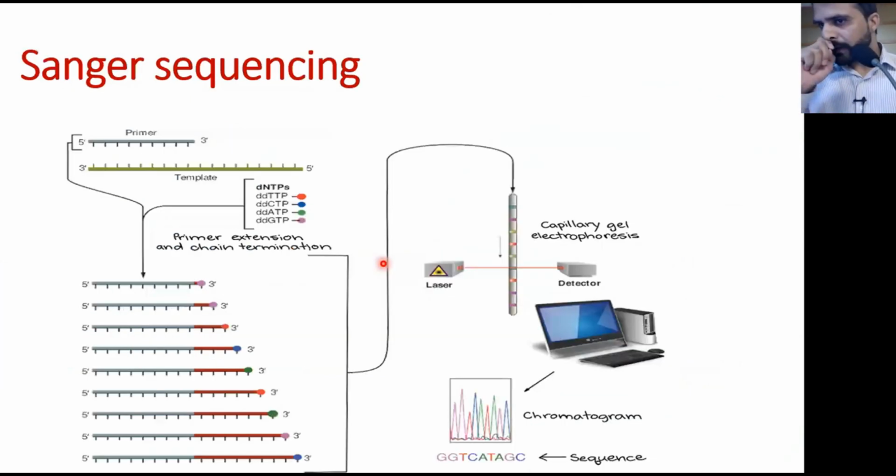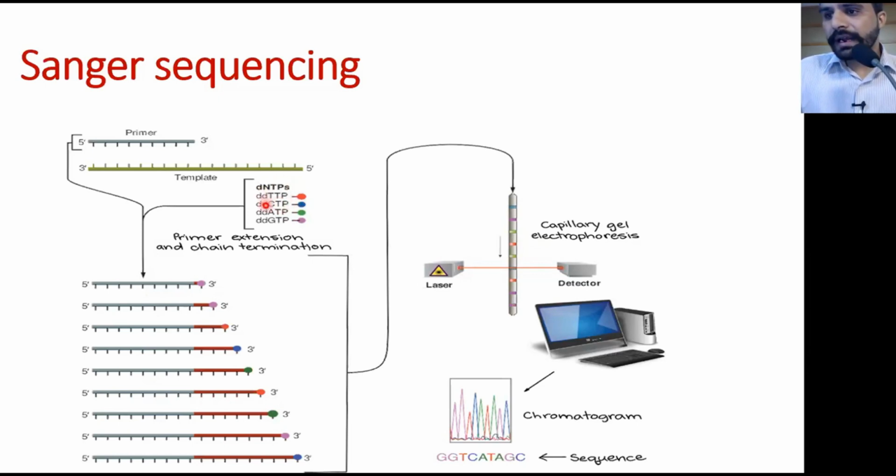What we do is take a template and incorporate primers, polymerase, all the dNTPs, and also ddNTPs. Some are normal deoxynucleotides, and some are dideoxynucleotides.